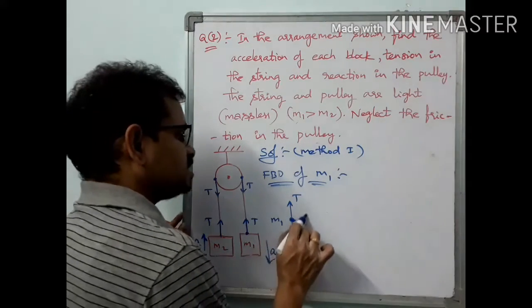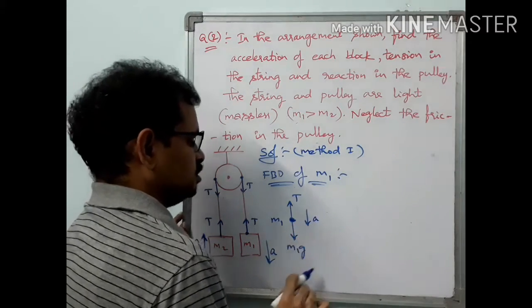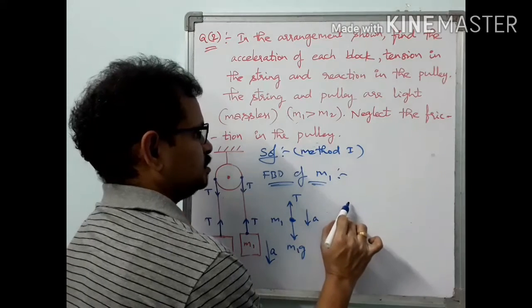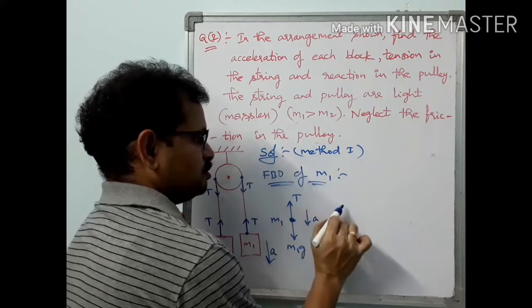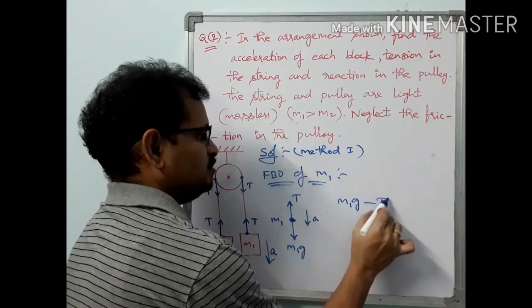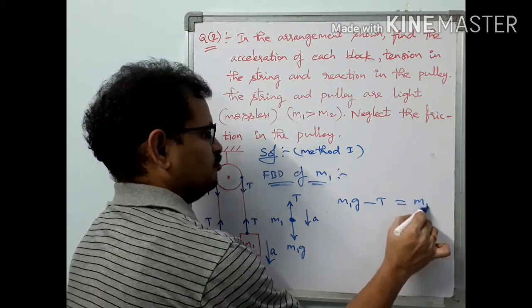Right now, acceleration A is downwards here. What is the equation? Downward acceleration means this force is greater than this force. So the equation is M1G minus T equal to M1A.